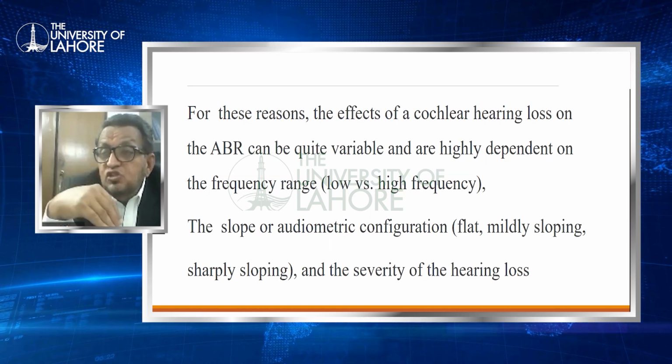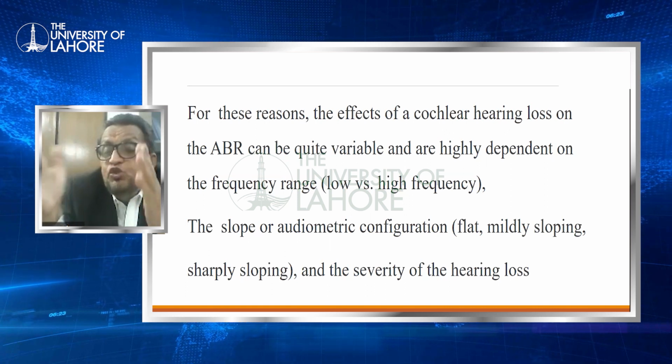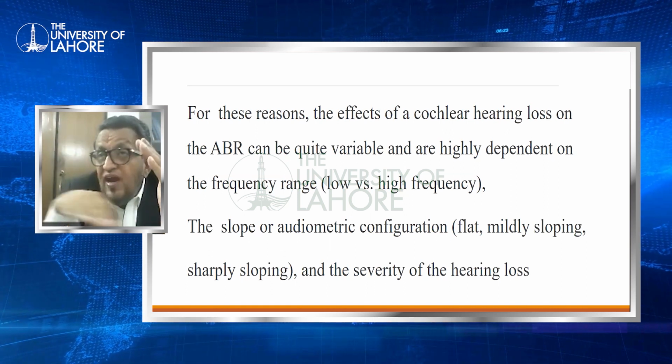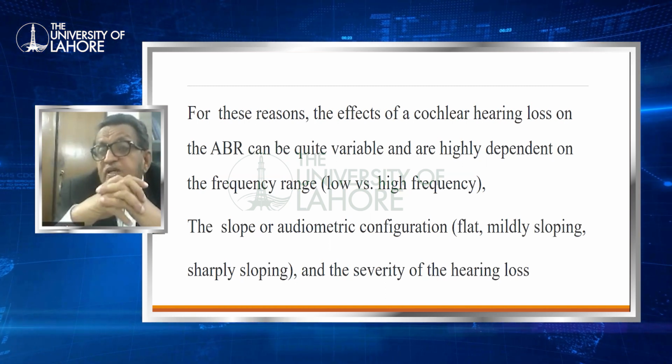But if it's a sloping loss, then you will get the actual hearing loss that the patient has. And if it's a flat loss, again, you will get the actual hearing loss that the patient has.